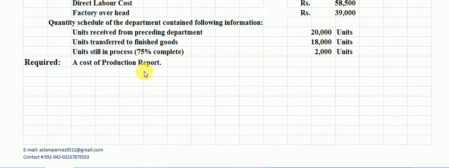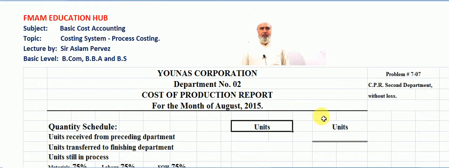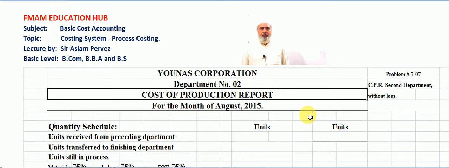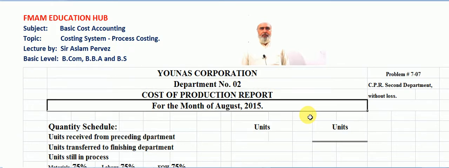Now students, we will move to the other slide, which is the main slide to solve this problem. Yunus Corporation, Department number 2, Cost of Production Report for the month of August 2015.